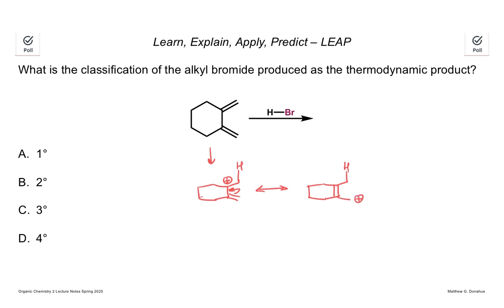So now we have a tetrasubstituted alkene. We're trapping with bromine. And so our product here is going to be primary allylic. So thermodynamic, this is the 1,4 addition.